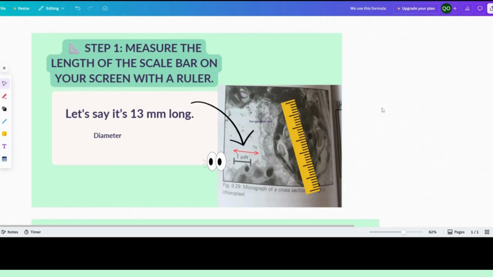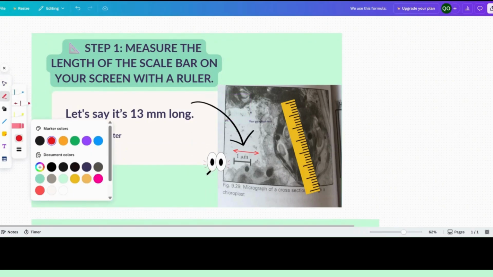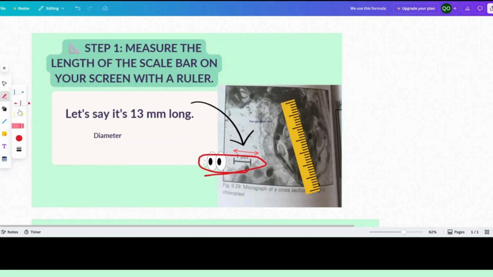Okay, so let's look at a question of how to determine the size when we have a scale bar or scale line that is given. There, I have my little eyes to show you where the scale line is.